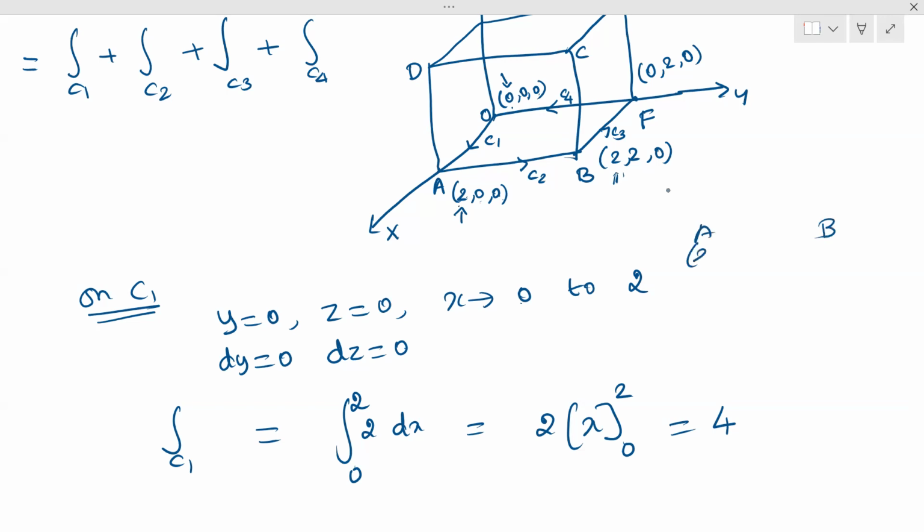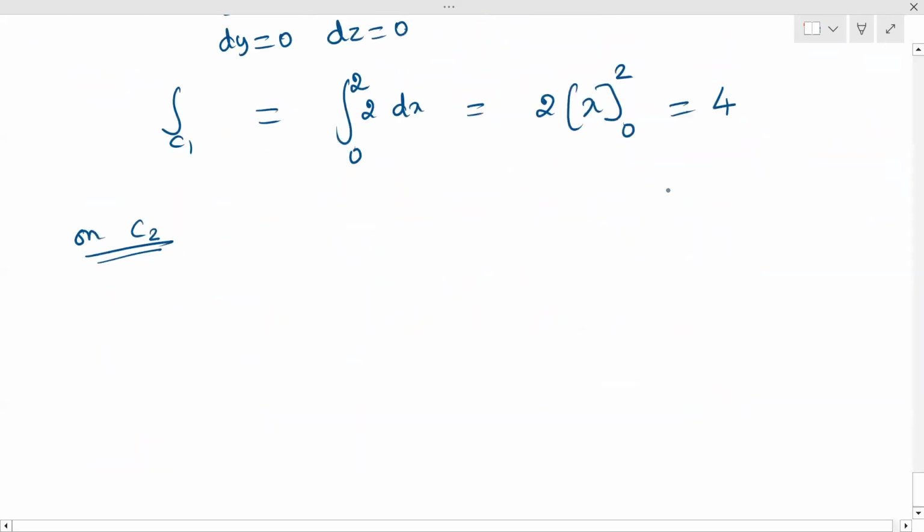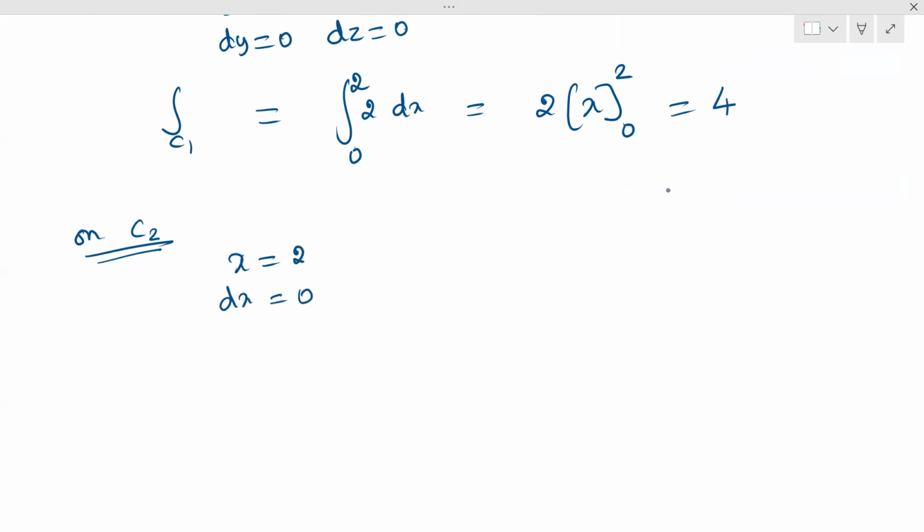A is 2, 0, 0 and B is 2, 2, 0. Here x equal to 2 and y varies from 0 to 2 and z is 0. So on C2, x equal to 2, so dx equal to 0. Z equal to 0, so dz equal to 0, and y varies from 0 to 2.